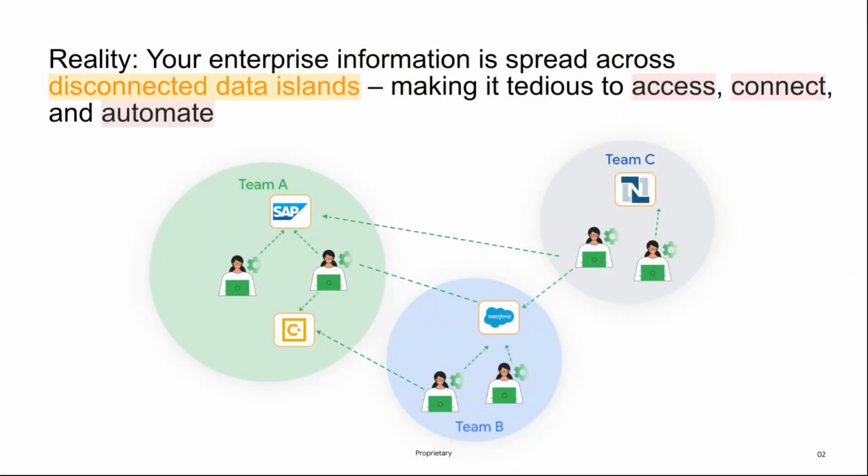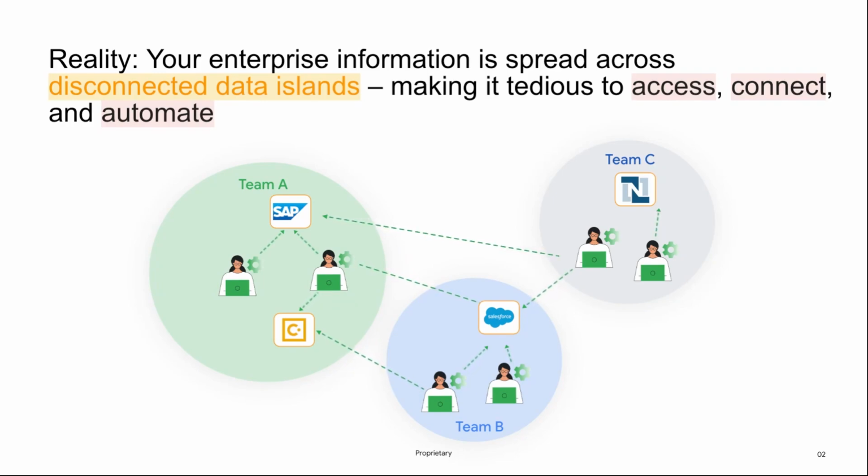So this is the reality that we find when we talk to our customers. There's all these different teams. Each team has their own application of record that is taking care of some important business function for them. And what we end up with is these disconnected data islands.